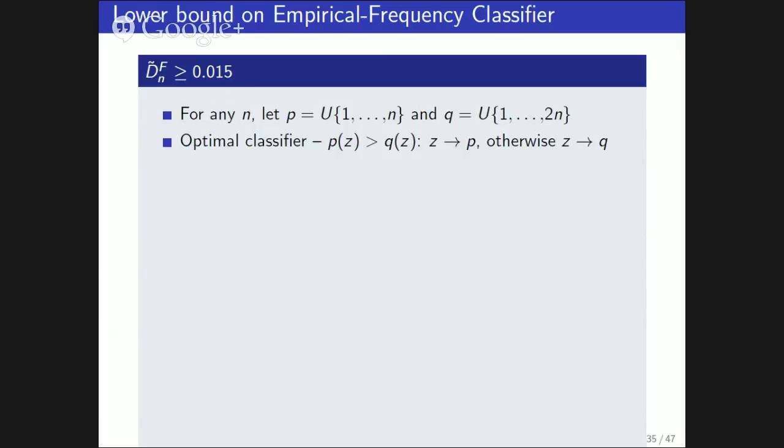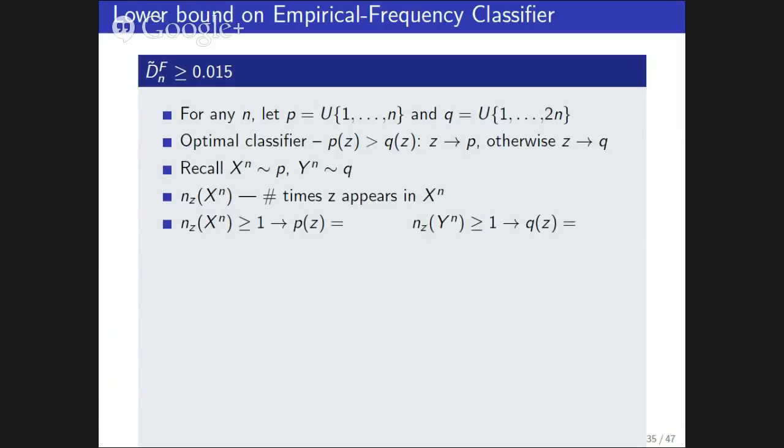Remember that X is distributed according to P and Y according to Q, and we let N_Z of X^n be the number of times that Z appeared in X^n. So if N_Z of X^n is bigger than or equal to 1, that means Z appeared in X^n. Then what can you say about P of Z?